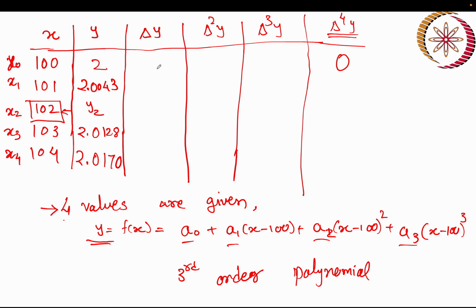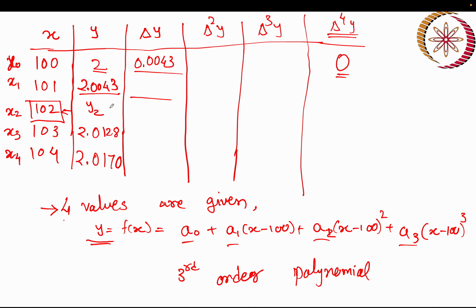Okay, so what we will do now is we'll start creating the table, and then the last term will equal 0. So if we write this term over here, we have to subtract this from this, so we have to subtract this 2 from 2.0043. It will be 0.0043.